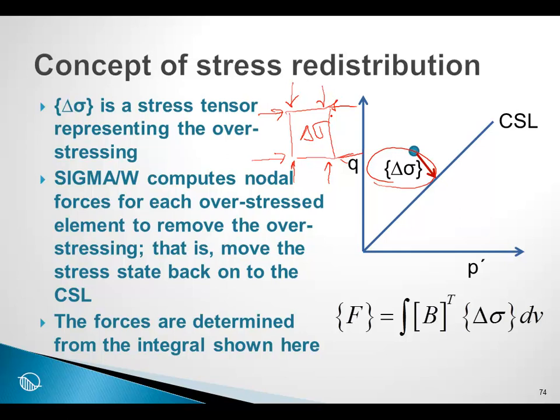So the whole point is to redistribute the overstressed portion of the stress, and what it really means is that neighboring elements then must pick up the stress that was overstressed in an element. And for those of you interested in the equation, the forces are computed using this equation, where B is the gradient matrix transposed multiplied by the stress tensor, which gives us the forces at the nodes of the element.